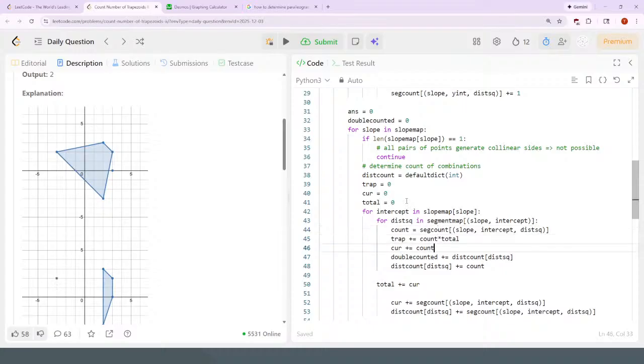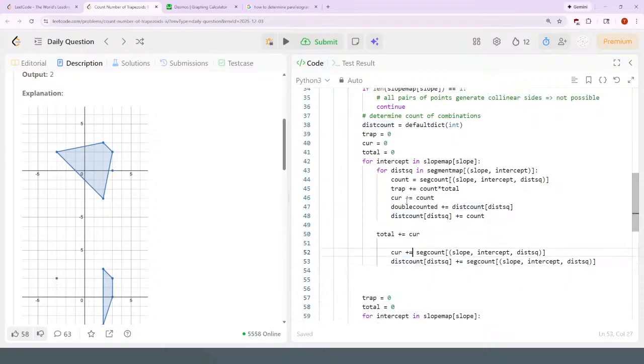It has to be after dealing with things on the same line to increase the total. Otherwise, it's going to do this trapezoid calculation too early or get too much. Then I guess it is after this that I increment the trapezoid.